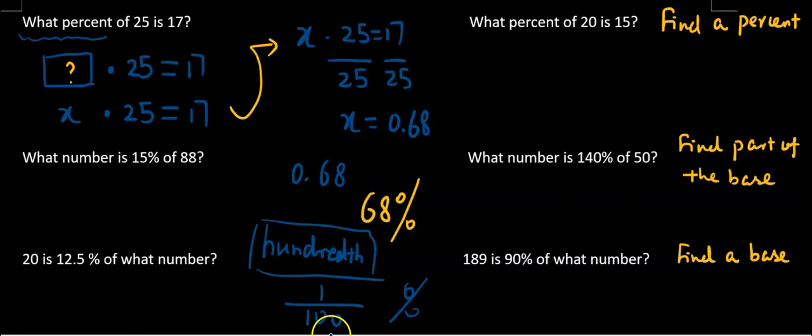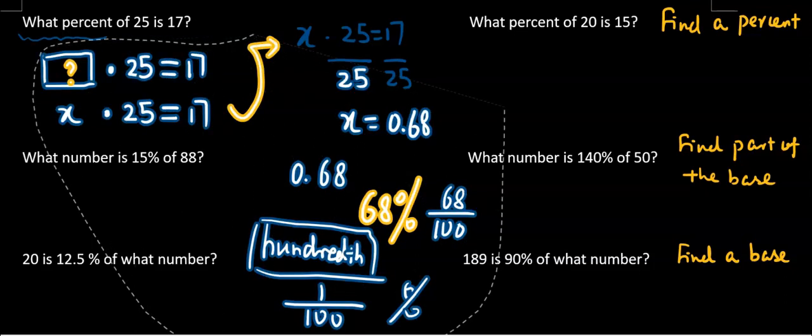So that is why when we convert this decimal into percent, we move it to the right 2 times and it becomes 68 over 100. You see the percent symbol, 1 over 100. All right, this is our question 1. Let's look at question 2.